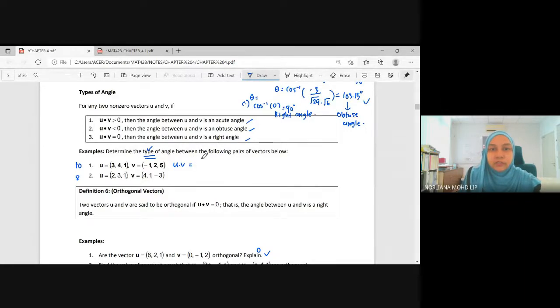U dot V. Okay, so berapa ni? 3 times -1 plus 4 times 2 plus 1 times 5. Okay, U dot V berapa? 10 kan? So 10 is greater than 0. So it is acute angle. Ni saya highlight kan.